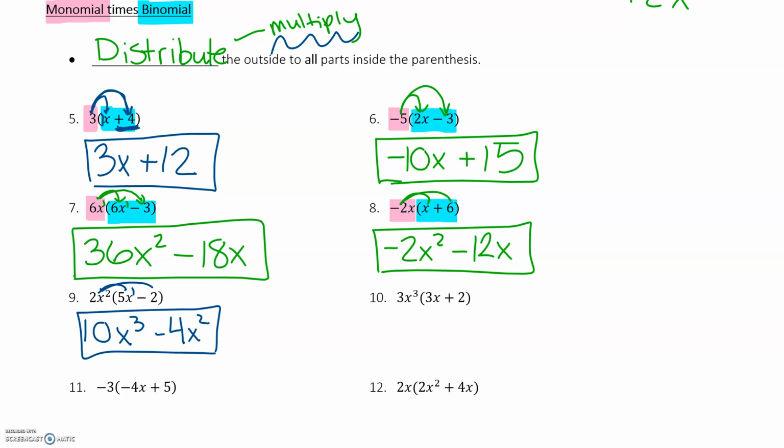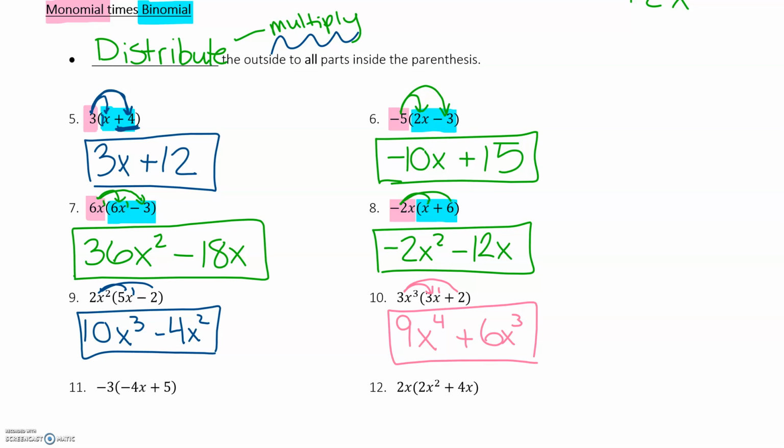All right, the next one, we're going to distribute 3x cubed to 3x. So 3 times 3 is 9. X cubed times x, remember we're adding the exponents, so we get x to the 4th. 3x cubed times 2, well, 3 times 2 is 6. The x cubed doesn't change because there's no other x's.